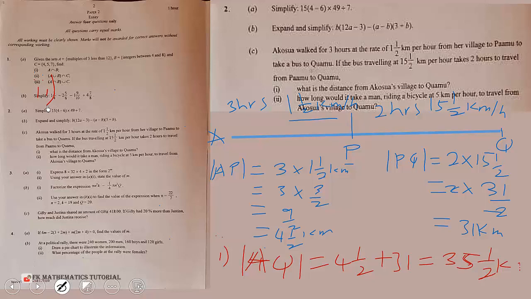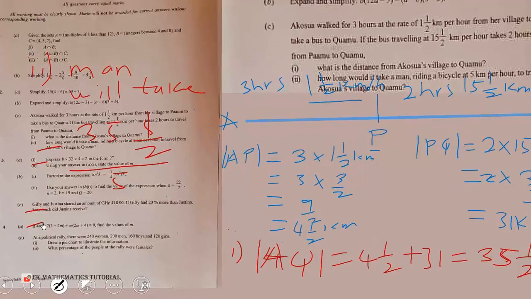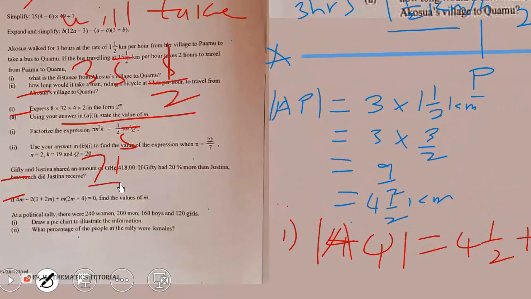So the man will take 35.5 divided by 5 hours to reach there. 35.5 is the same as 35 times 2 is 70 plus 1 is 71 over 2, divided by 5, which is the same as 71 over 2 times 1 over 5.